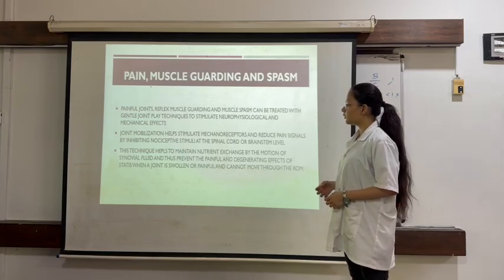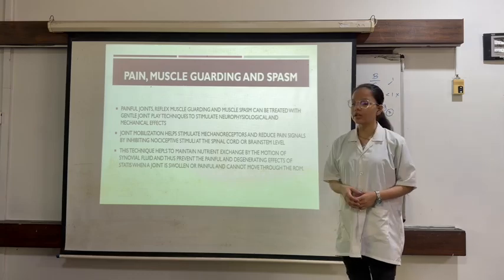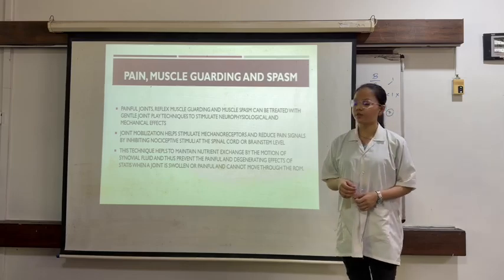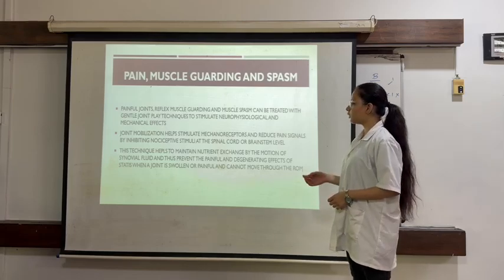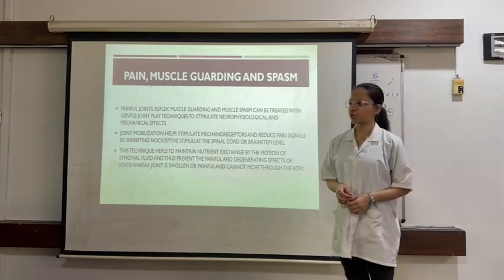The technique helps to maintain nutrient exchange by the motion of synovial fluid and thus prevent the painful and degenerating effects of stasis when a joint is swollen or painful and cannot move through the range of motion.